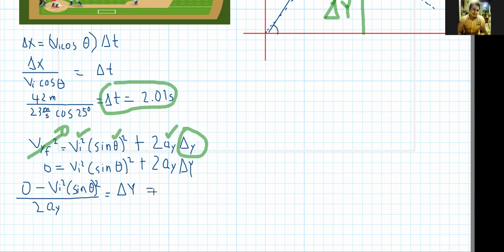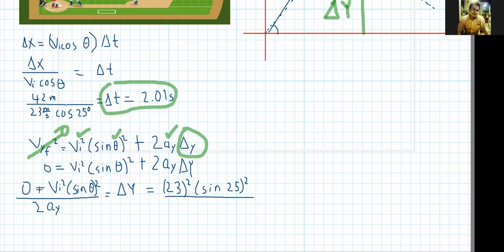Just substitute. Okay, so the initial velocity is 23. I'll write just the magnitude, not the unit. So 23 multiplied, remember that this is to the second power, don't forget that. 23 to the second power, sine of the angle, sorry, the angle is 25, to the second power.